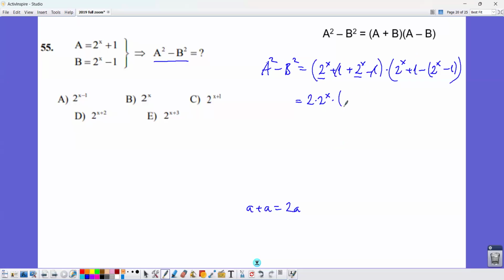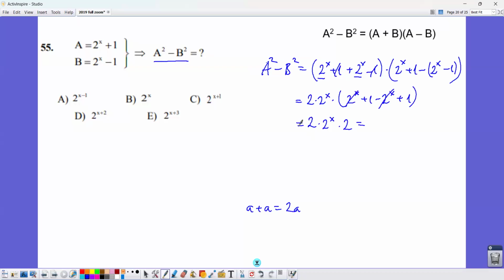Times, let's see what we'll have in the other parenthesis. Firstly, let's get out from this parenthesis. 2 to the power of x plus 1 minus 2 to the power of x minus and minus plus 1. Now, which ones are same value with different signs? 2 to the power of x and minus 2 to the power of x. These two will make 0. So what is left? Here I have 2 times 2 to the power of x times 1 plus 1, 2.